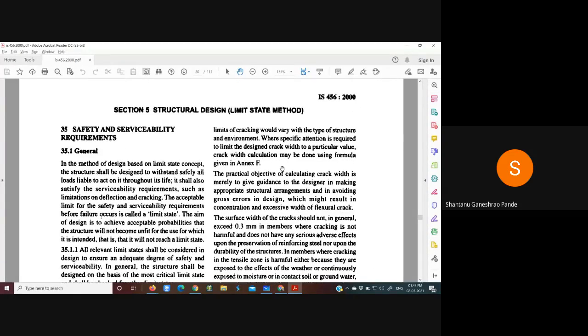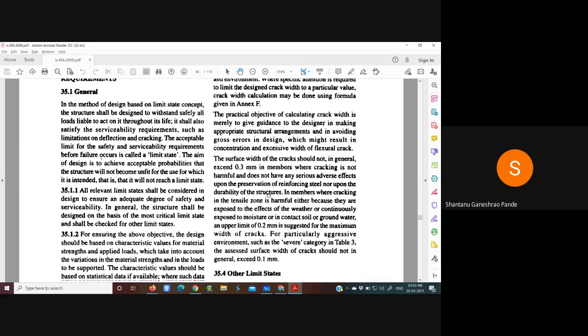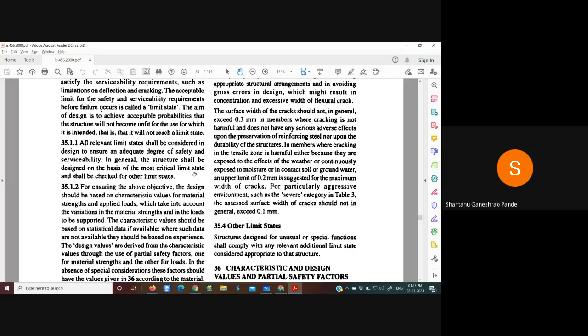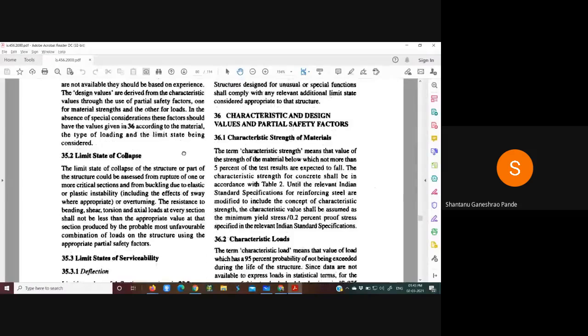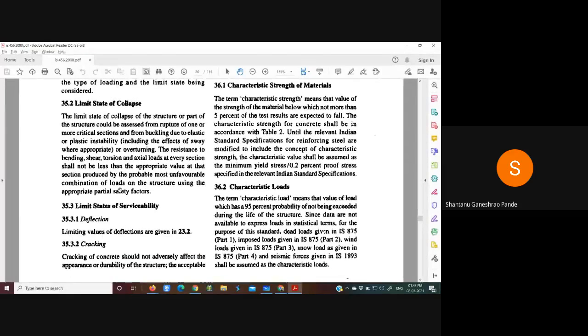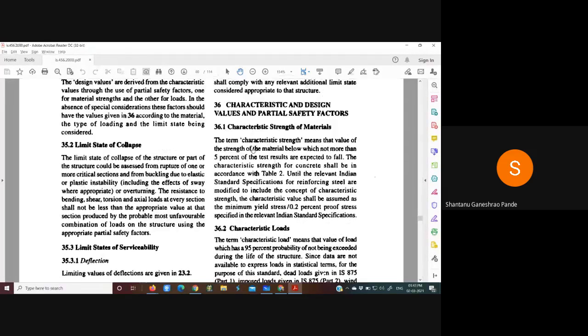This section 5 is devoted to limit state method. Like previously we saw Annex B, which deals with working stress method, now this is section 5 wherein the guidelines related to limit state method are given. Here all the limit states are defined: limit state of collapse, then limit state of serviceability, in that deflection, cracking, different things are given.